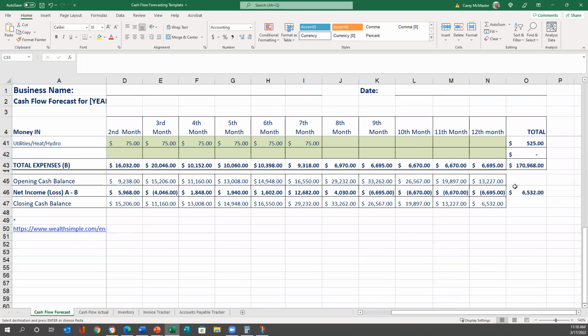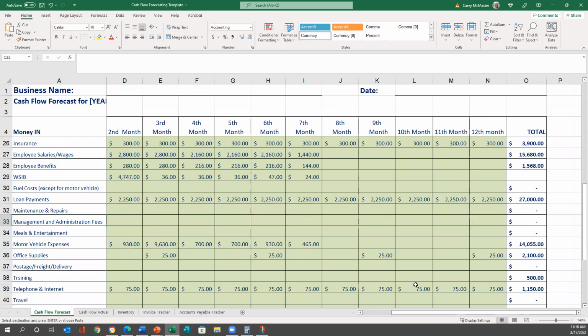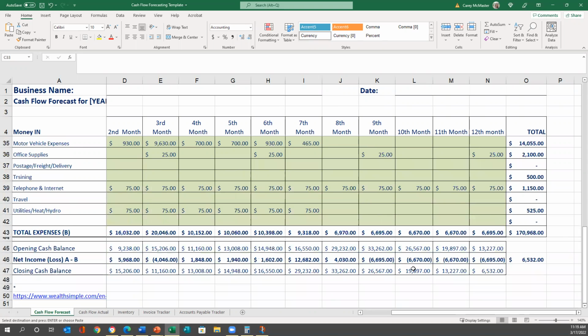So what this means is at the end of the 12th month, even though I'm operating in a negative position for the months I'm not working, I'm still being able to pay myself. I'm still being able to make loan payments, and I'm still paying for all the monthly expenses that I'm going to have, whether or not I'm making money.